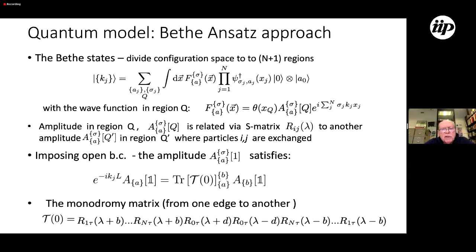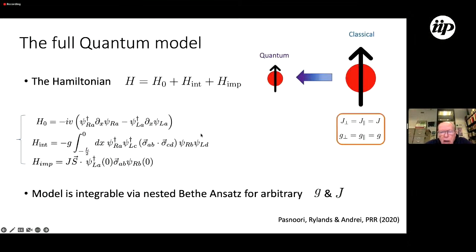Here is a two-minute summary of the Bethe ansatz approach. So we are trying to diagonalize this Hamiltonian.